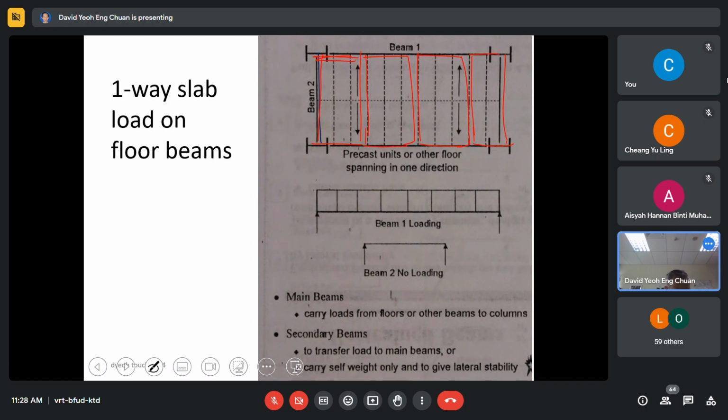Nobody? In this one, who is this? Aisha Hanan. Yes, doctor. What are the examples of precast unit slabs that you can put, like the one I drew in red color?